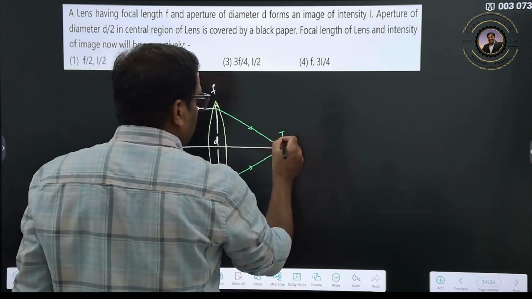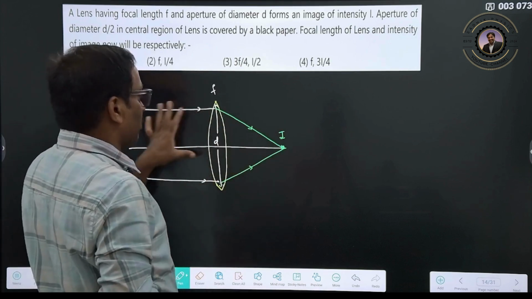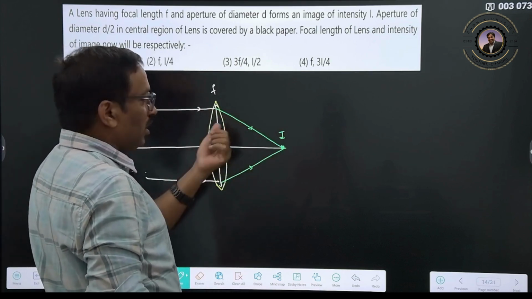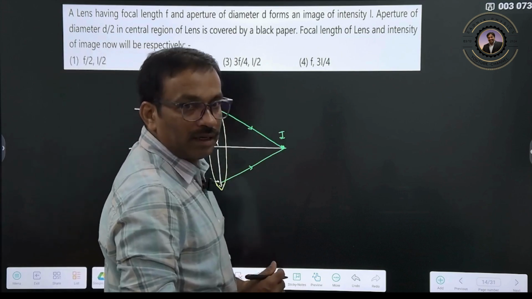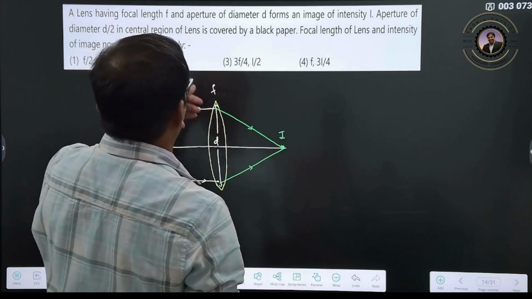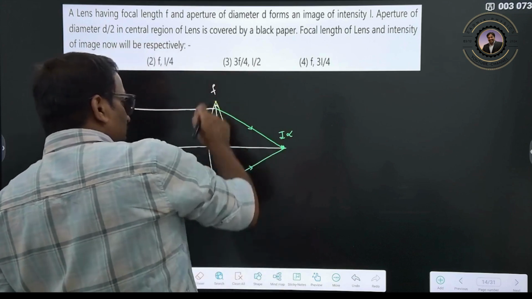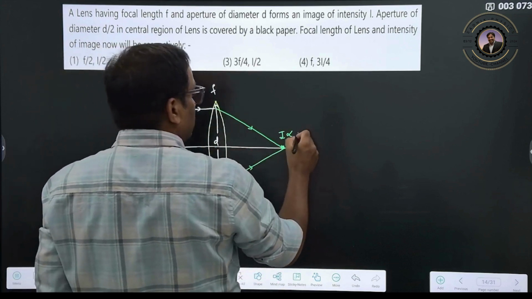So you try to understand, if more light rays are coming, more intensity there will be. If a smaller number of light rays are passing through, then the intensity will decrease. Here it is a diameter. What will be the intensity? Intensity is directly proportional to the area.